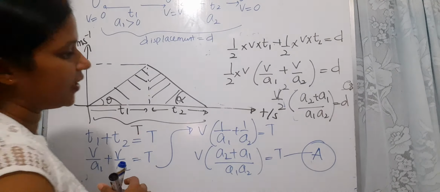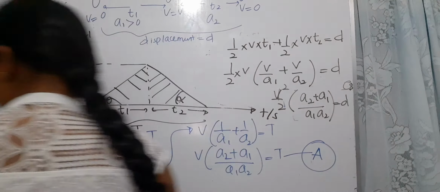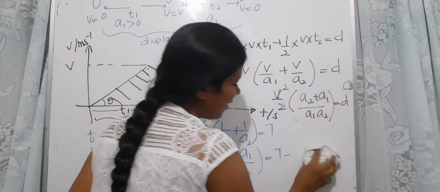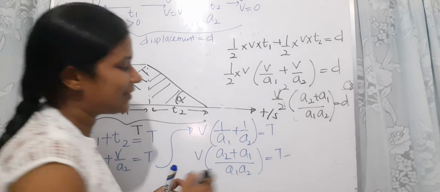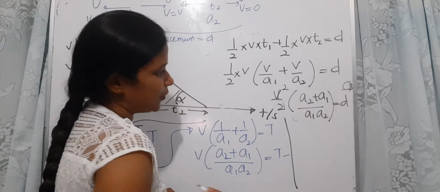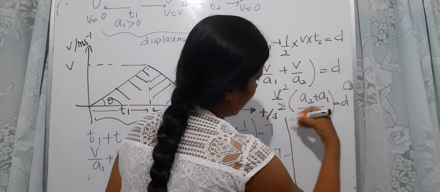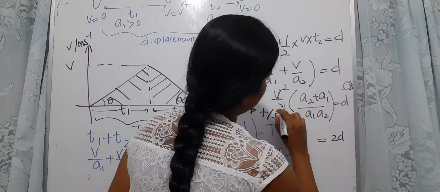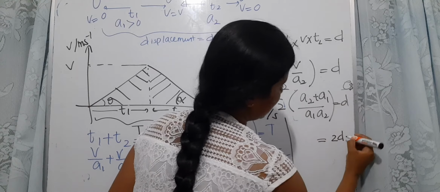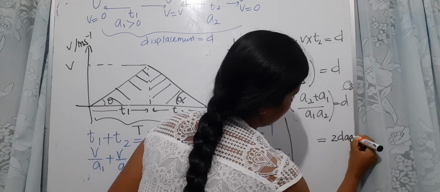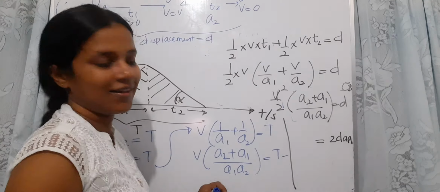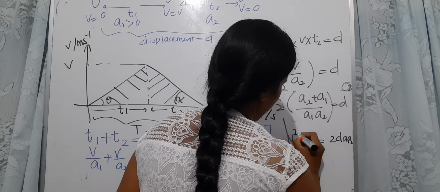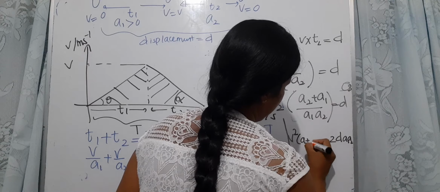By B, I can get the expected answer for V. So I am going to clean this small part. I have very limited space to show it to you. Then for V, I can cross multiply. Then 2 times of D equals V squared, A2 plus A1 over A1 A2.